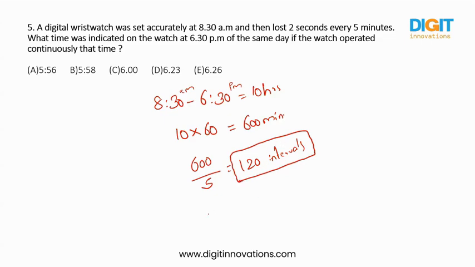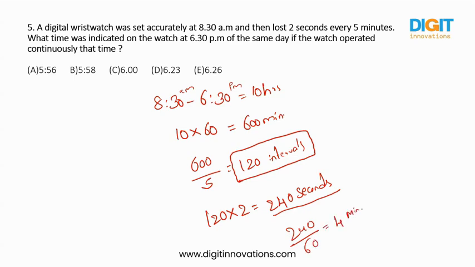This 120 into 2, that means total 240 seconds. So 240 seconds is being lost from 8:30 a.m. to 6:30 p.m. So let us convert this 240 seconds into minutes. 240 by 60, which is 4 minutes.